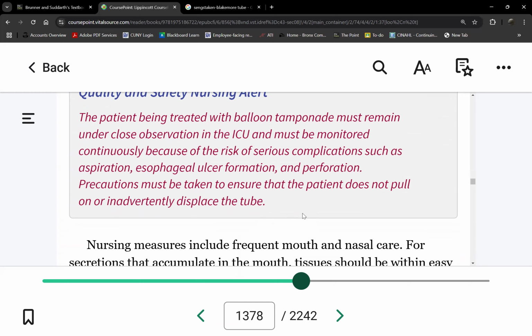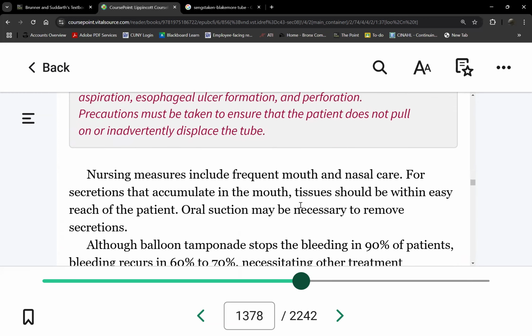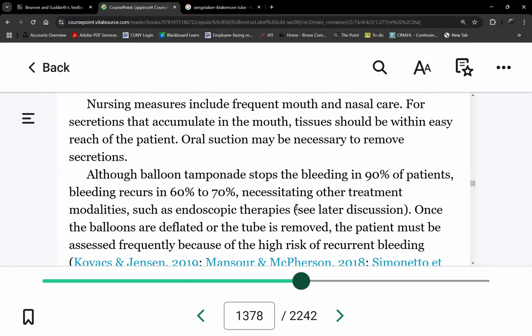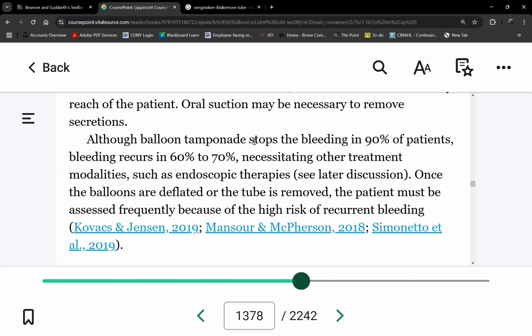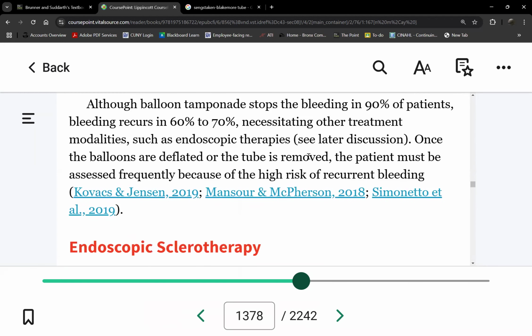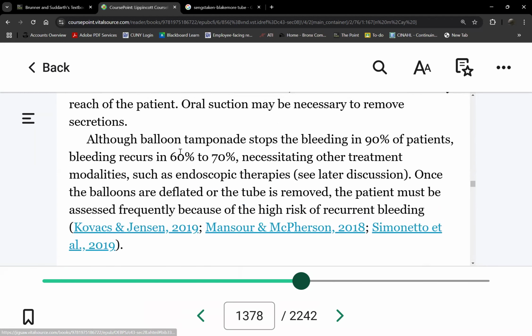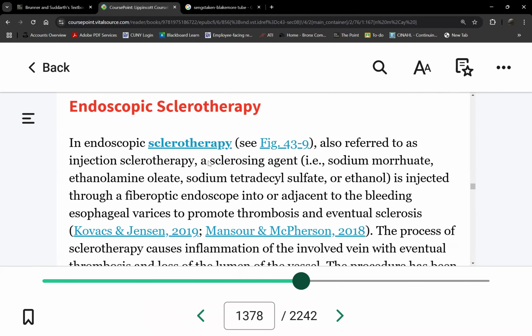Endotracheal intubation, actually, because no matter how you elevate the head of the bed, they can aspirate. Remember, the amount of secretions increases whenever you have anything in your mouth. So to be safe, especially with an elderly patient, they will have to be intubated. So it's pretty effective. It stops bleeding in 90% of patients with esophageal varices bleeding.